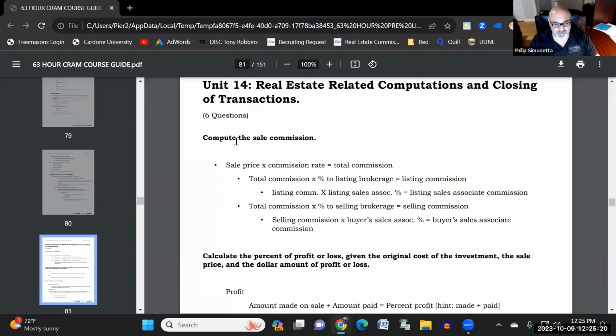Then you take the total commission, and whatever percent goes to the listing brokerage would be the listing commission. And then from the listing commission, you would multiply by the sales associate's percentage, and that would give you the sales associate's commission. And the same thing, the percentage for the selling brokerage, that's the buyer commission, would go to that broker. And then that broker would take the commission percentage for their agent and pay the sales associate their commission, right?